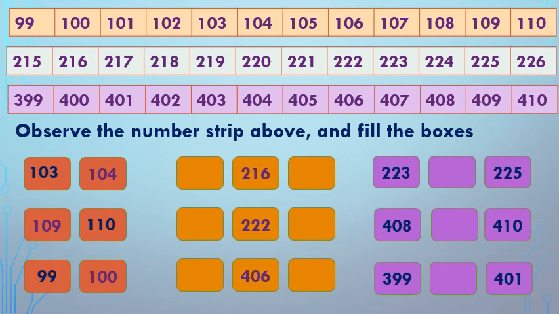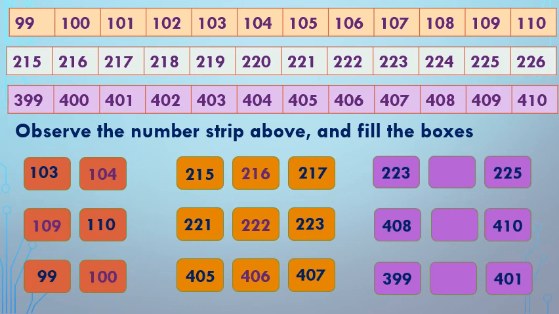Now here in the second set of fill-up boxes, the middle number is given. You have to write the before number and the after number. See this, 215 and 217, 221, 223, 405 and 407. Got this?